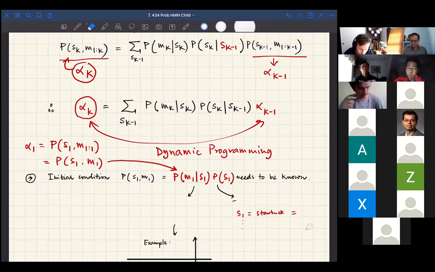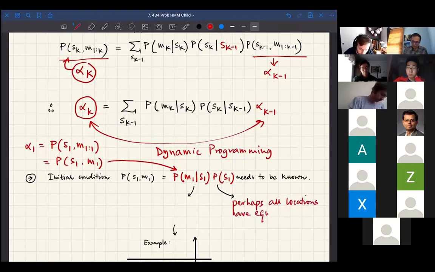But in some other cases, you might not know where the person started. You don't know which entrance he came from. Then you can make it equal probability, perhaps all locations have equal probability. So P of S1 equals 1 by R, because there are R locations, L1, L2, L3, up to LR. So this is also one way of doing it. If you don't have any information, make them all equal.